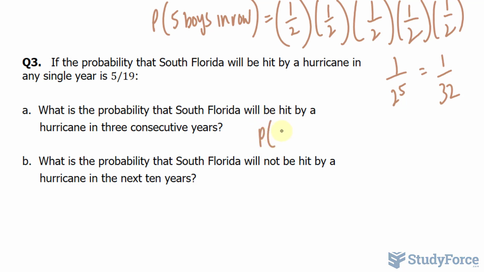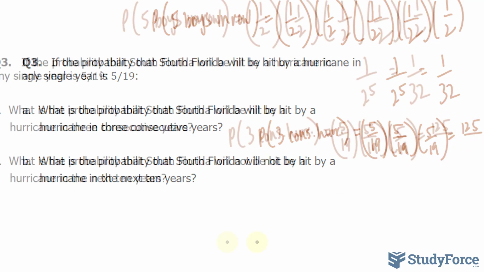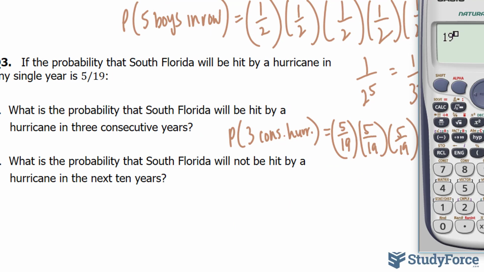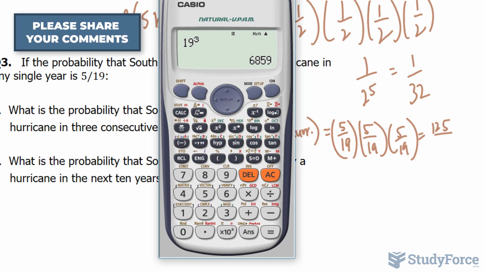The probability of 3 consecutive hurricanes is equal to 5 over 19, that's in year 1, 5 over 19, year 2, and 5 over 19 in year 3. So we'll multiply 5 times 5 times 5, that is 125. And 19 raised to the power of 3, or 19 times 19 times 19, is this number, 6,859.